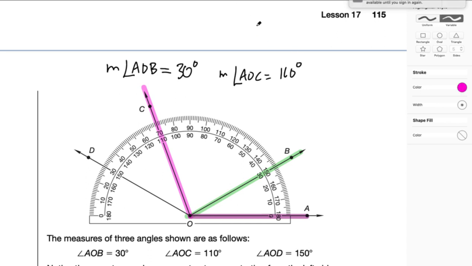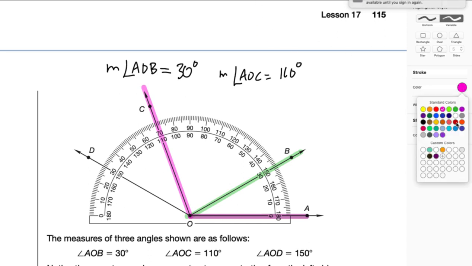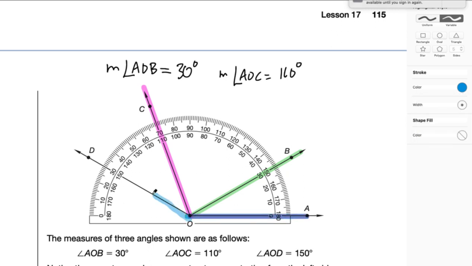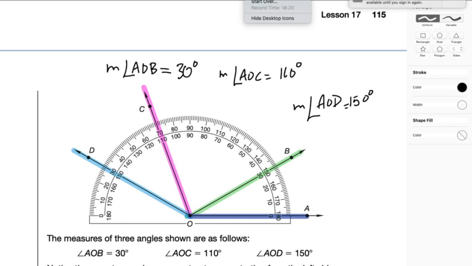If we go even further and open up even wider and we get to angle AOD, we can see that starting at 0, we just start counting all the way up. We get to 150 degrees. So the measure of angle AOD is 150 degrees. If you have a protractor at home, that will be the best way to complete some of the questions in this assignment. Let's go ahead and take a look at some examples.